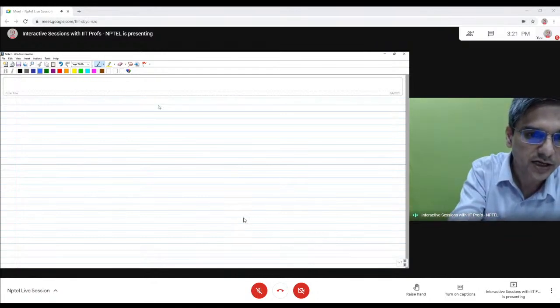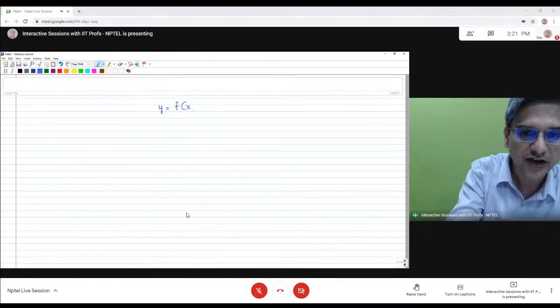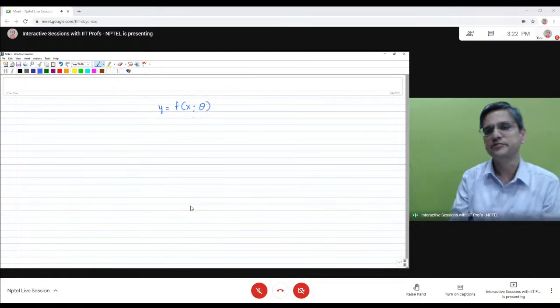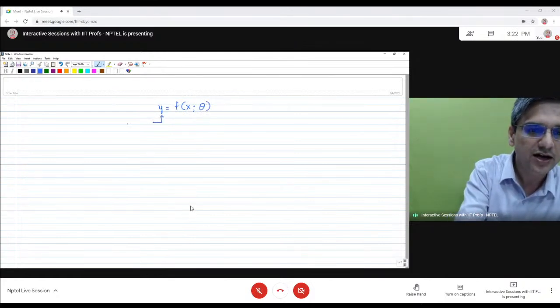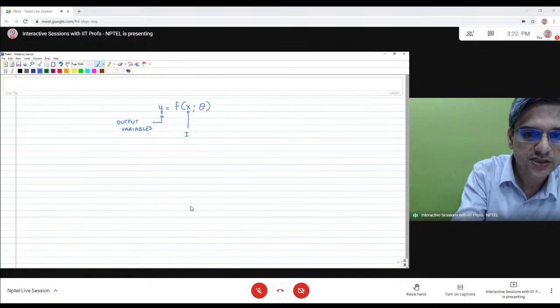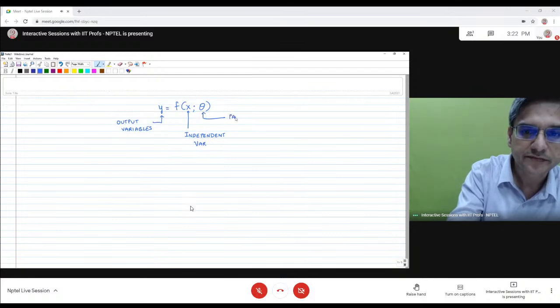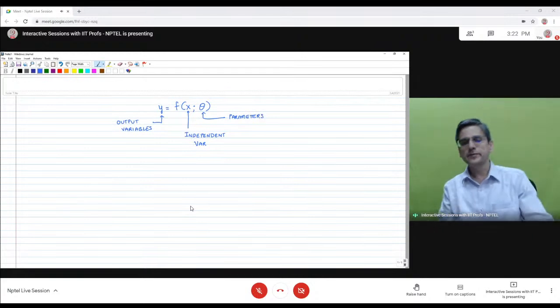The problem that we are solving is, let's say we have a function of the type y equal to f of x colon theta, where y is what is known as the output or dependent variable. x we can call the independent or input variable, and theta is the parameters.